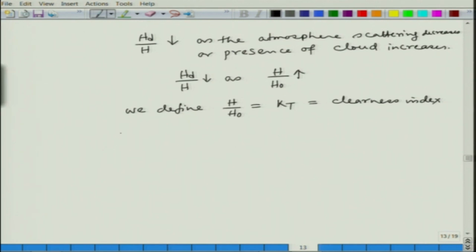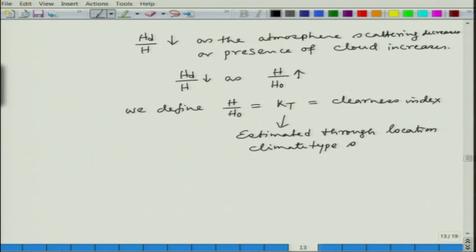Now, you can estimate this again through a lot of measurement, through location as well as climate type specific measurements.